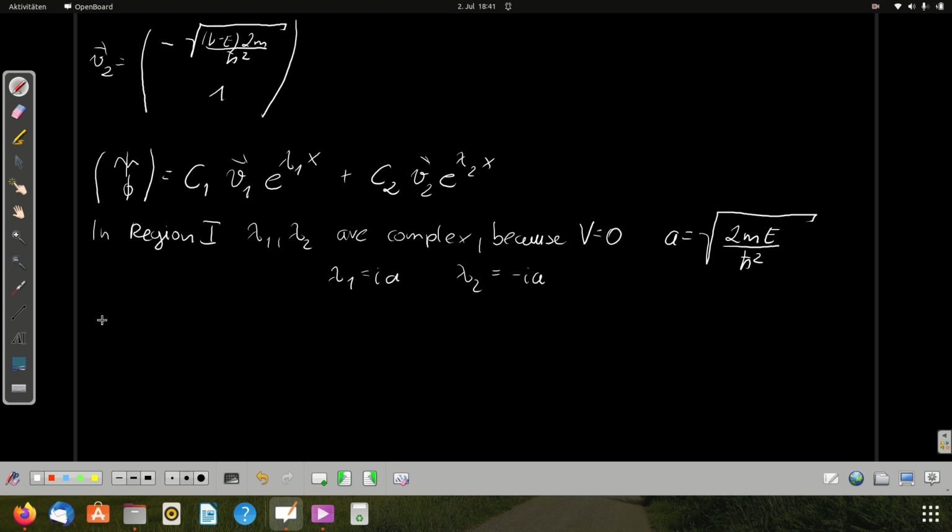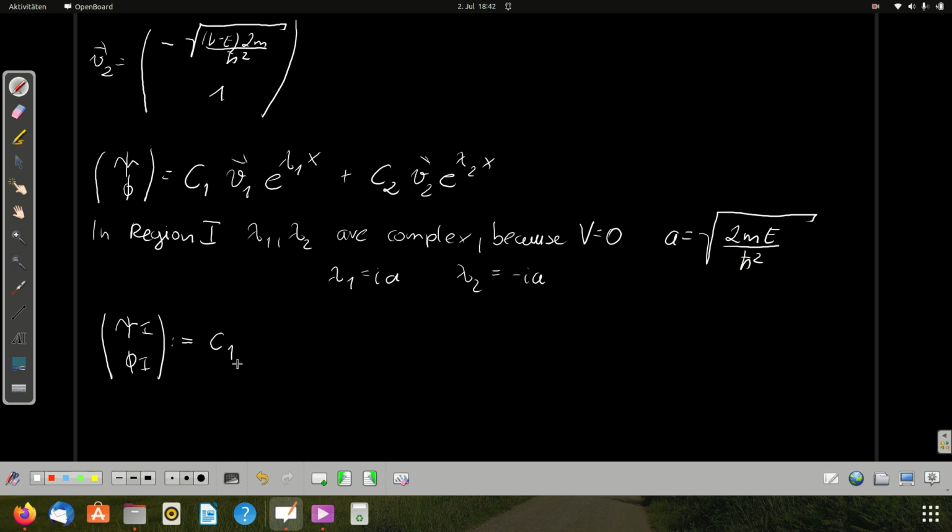And the general form of the psi phi vector in this region is now defined as this expression. So again, here I write C1, but it's not the same value as here. This is just the general version of this psi phi vector, but here now it's psi phi specifically defined for region 1.